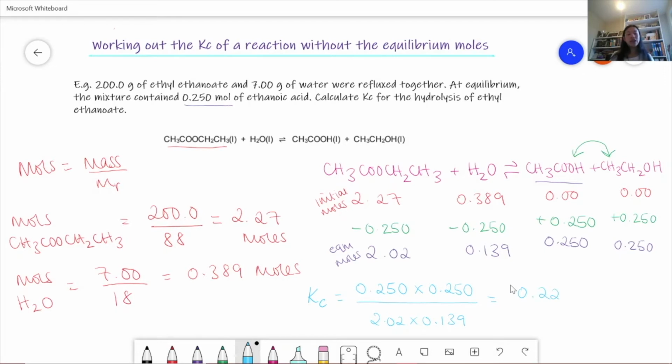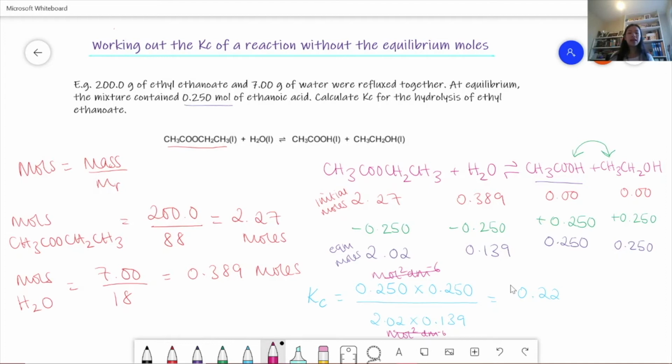And now we have a look at the units again. So we have moles squared per decimeter to the -6 because we've got two of them, and we've got the same on the bottom. So what that means is that they cancel out, and Kc actually has no units for this example.